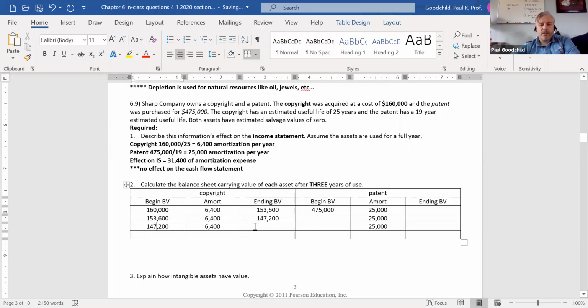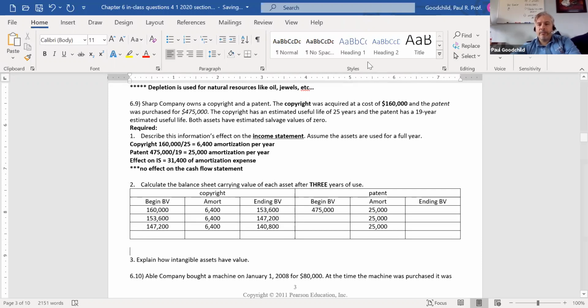Okay, and then 6,400 would give us something along the lines of, I think, 140,800. So I'm not sure if that's completely correct, but assuming my math is correct there, that's what I would get.